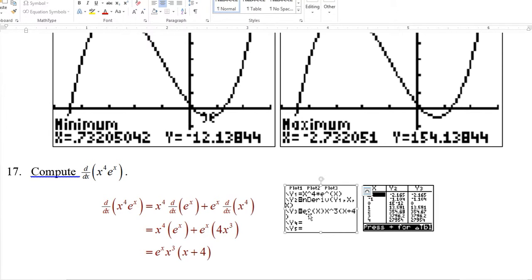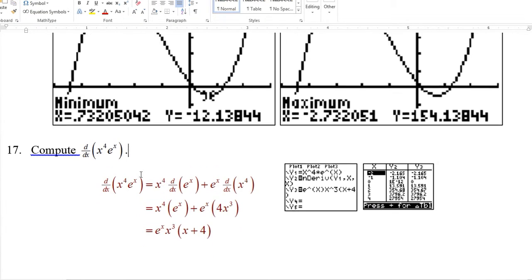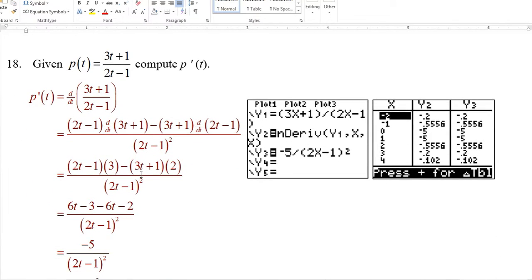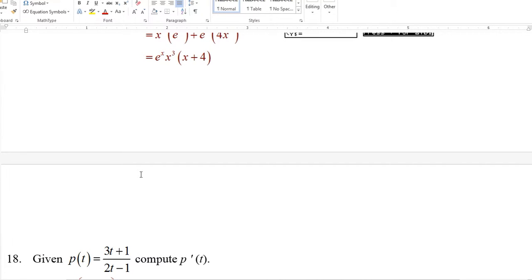Then put your answer in y3, e to the x times x cubed times x plus 4, and the tables for y2 and y3 should match, or at least approximately match. You might want to turn off y1 then, and sure enough, they do match here. I've done a couple of the checks here, but then I ask you to do the rest yourself.